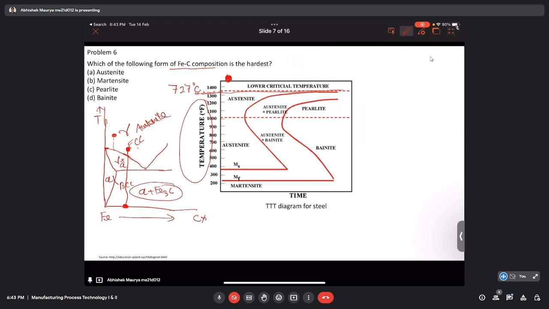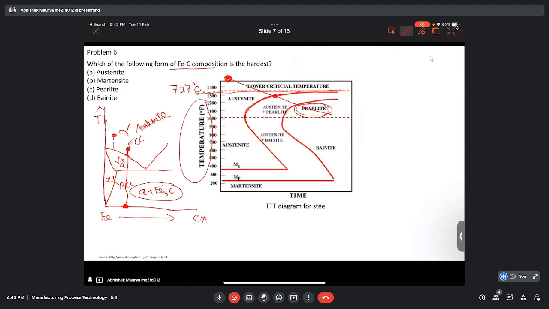Now, the properties of steel are governed by how fast or how slowly we cool. If we cool it slowly, inside the furnace, or keep a slow rate of cooling, what will happen? We will get pearlite. This curve is showing the transformation curve.